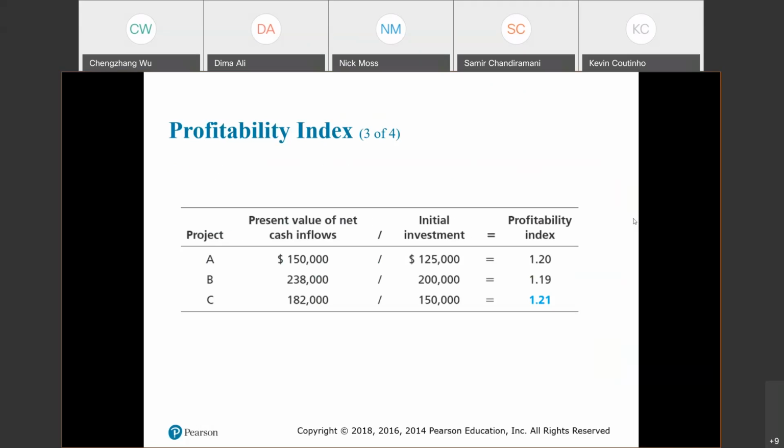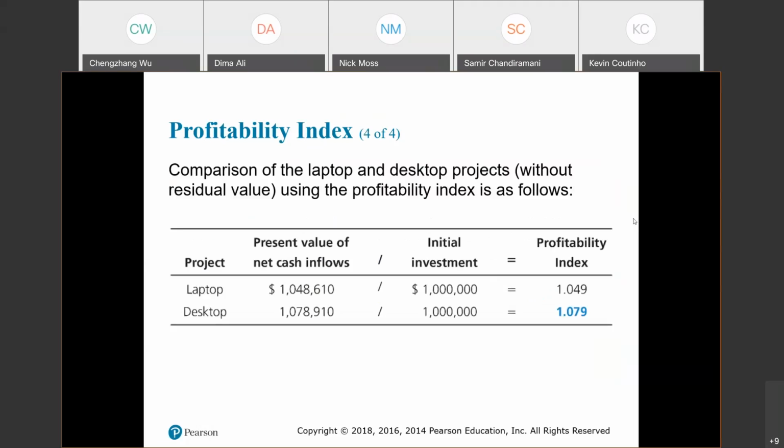So that is using Profitability Index as a tool for choosing alternatives.